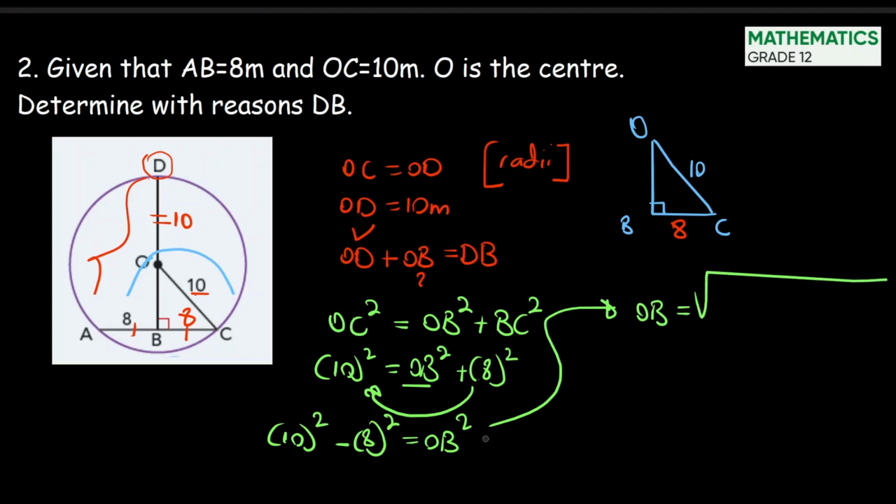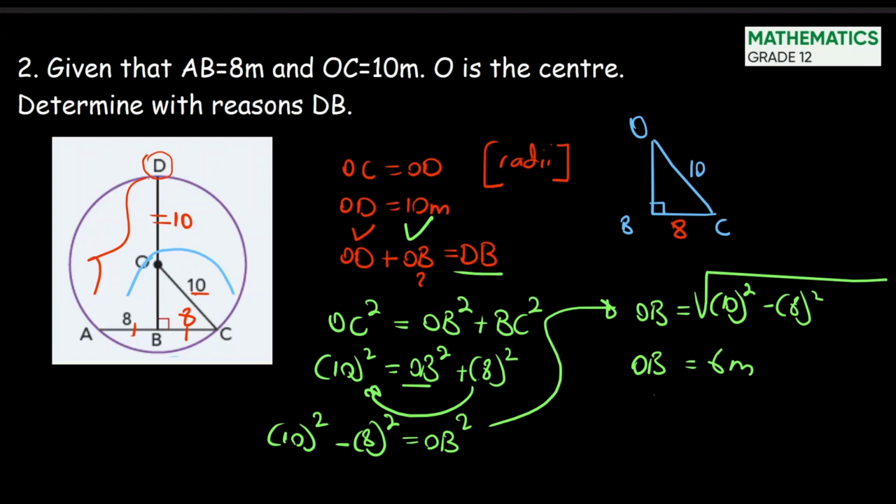On the left hand side it will fall, and then on the right hand side it will stick, which would be the square root of 10 squared minus 8 squared. We can quickly use a calculator. So 10 squared minus 8 squared will be equal to, and we write our answer down. In this case, OB will be equal to 6 meters. So we've just calculated what OB is.